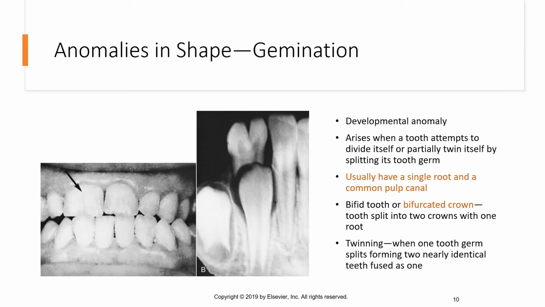All right, our next one is gemination. And gemination is a developmental anomaly. It does arise when a tooth attempts to divide itself or partially twin itself by splitting its tooth germ. So it usually has a single root but a common pulp canal.